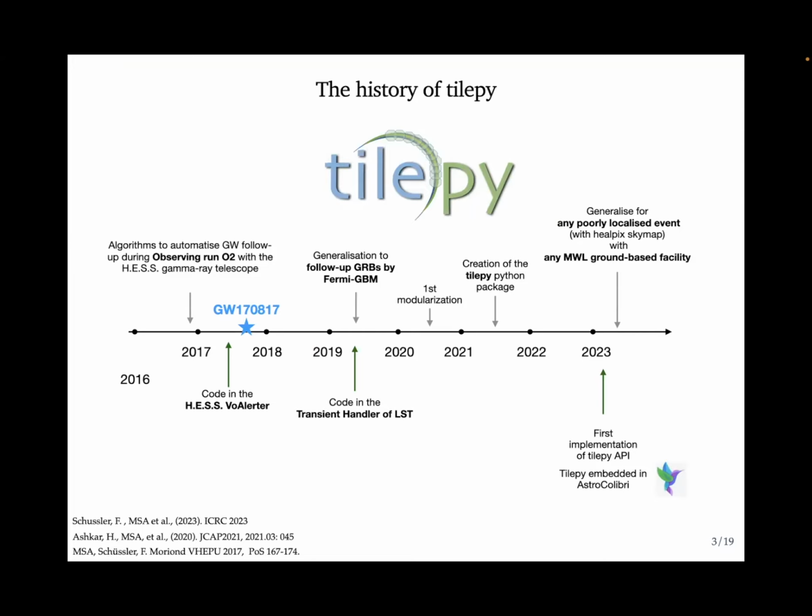Then we improved the codes and created a Python package, so that it would be easier to install and could be used for any poorly localized event and also by any multi-wavelength ground-based facility. Since recently, these codes are also implemented in their own API, and they are embedded in Astro-COLIBRI.